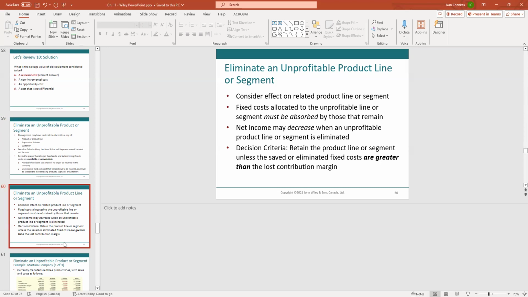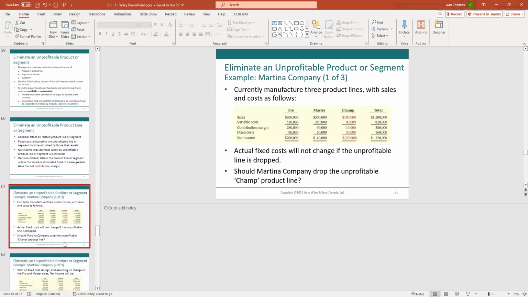Again, the decision criteria is we're going to keep the product unless the savings from eliminating cost are more than the contribution margin that we're going to lose. In this case, we currently manufacture three products. Actual fixed cost will not change if this unprofitable product is dropped.